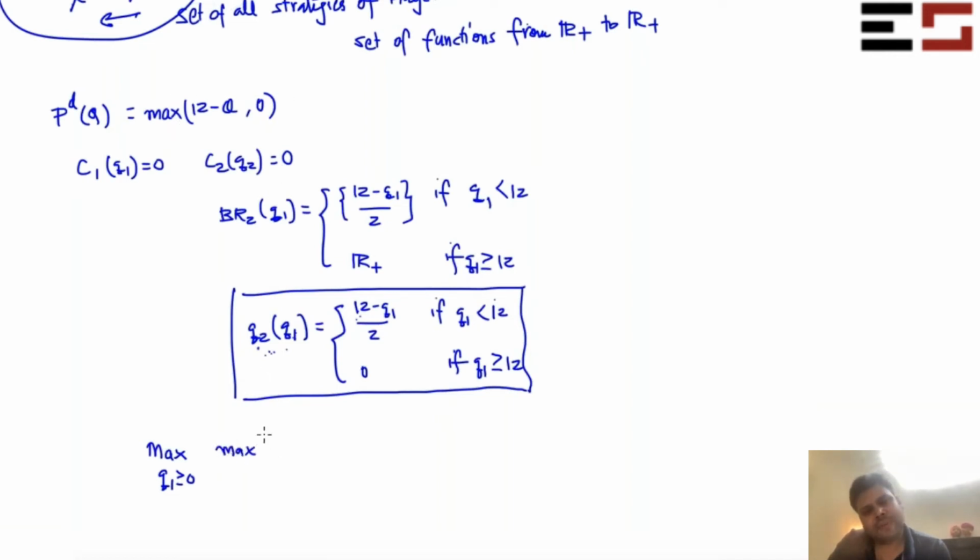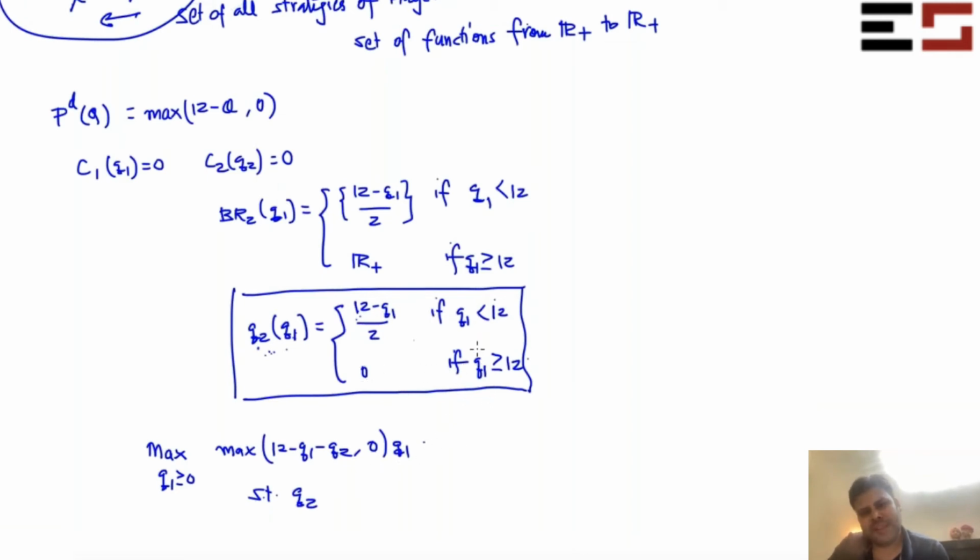Max of 12 minus Q1 minus Q2 comma 0, that's the price, times the quantity, that's the total revenue, minus the cost, which is 0, subject to a constraint that Q2 is related to Q1 in this way.